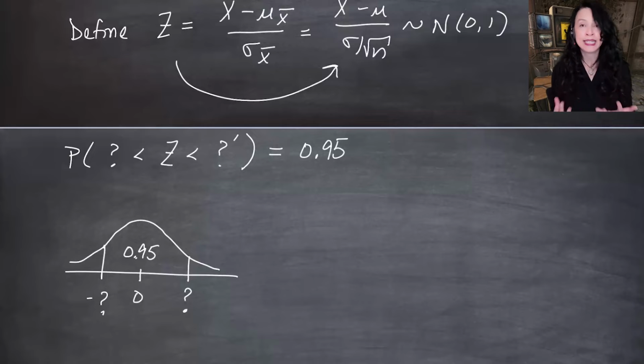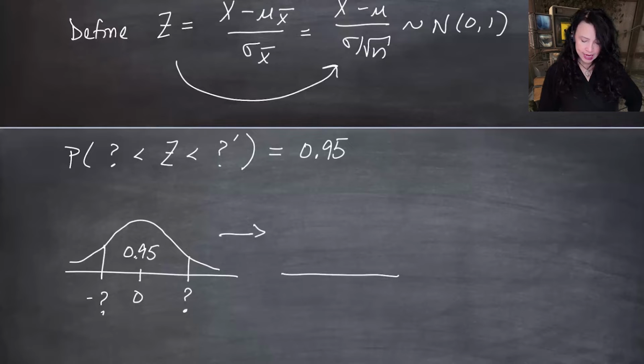If we're going to go to our Z table, that is a table of CDFs, of cumulative probabilities. So I need to translate this first and say, look, I'm really just trying to find this question mark, and then I'll take the negative of it.